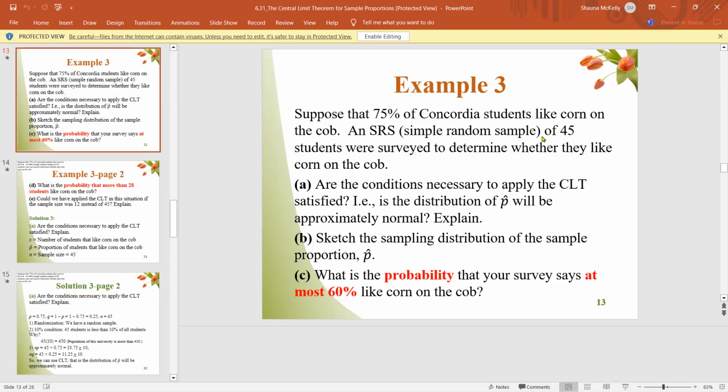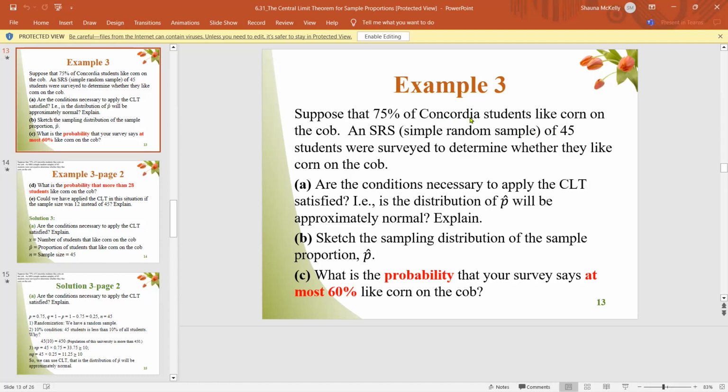So what you do is you look at the sample size here, 45. Multiply it by 10, you get 450. So 10 times the sample size is 450. Now you ask yourself, is it likely that Concordia, this university, has more than 450 students? Yes.